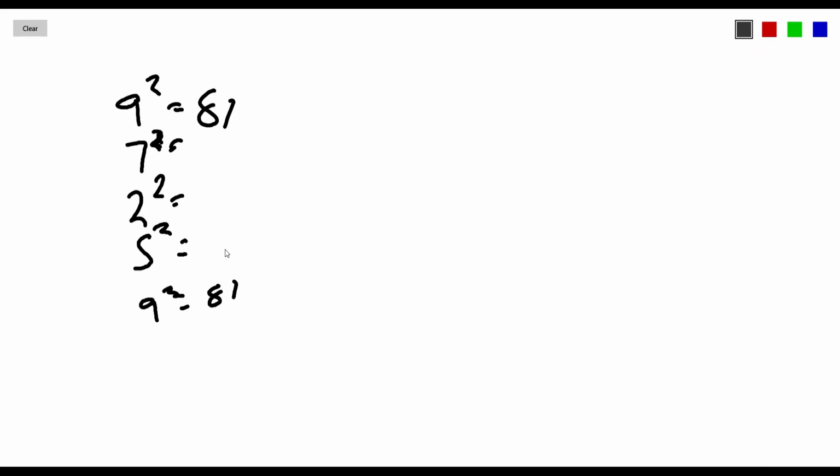So we take those numbers that we had, 9, 7, 2, 5, and 9. Square them. Nine squared is 81. 7 squared is 49. 2 squared is 4. 5 squared is 25.